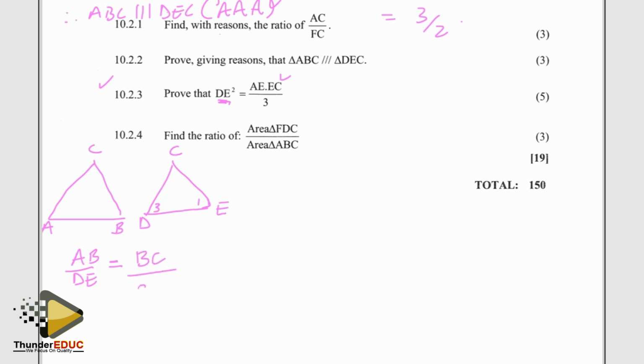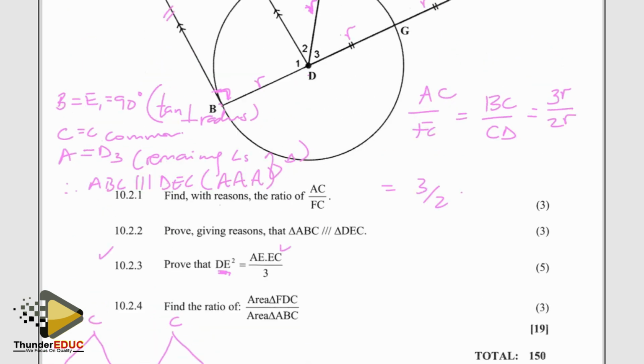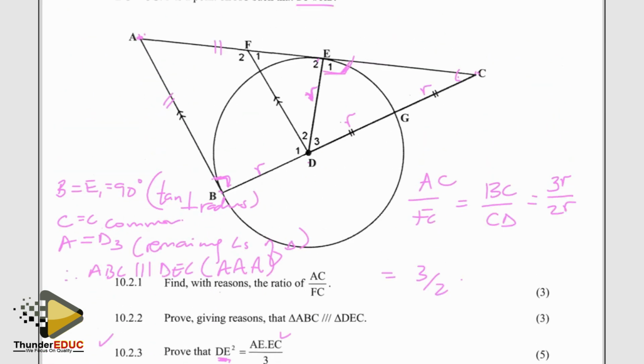BC over CE. This triangle is similar to that. Someone is asking for the reason on the 10.2.1. It's gonna be the proportionality theorem, guys, because FD is parallel to AB. Okay, no, it's fine. Let's move on.